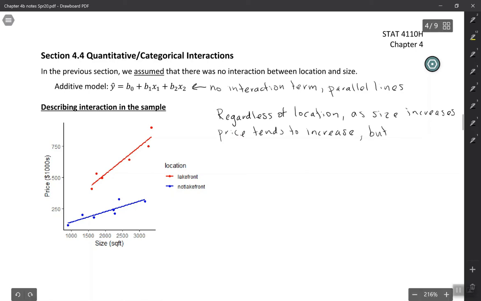But for houses on the lakefront, we can see we have a little bit steeper line. So how can we describe that in context? We could say for houses on the lakefront, the change in price for each square foot added is larger.